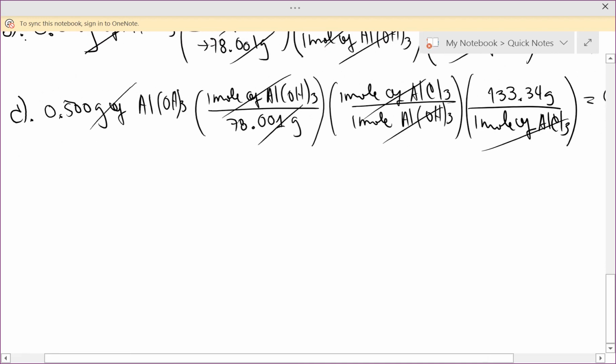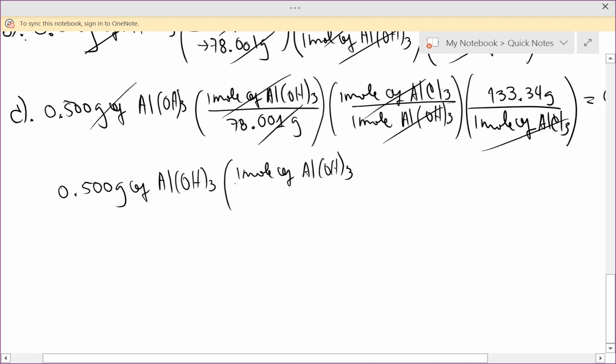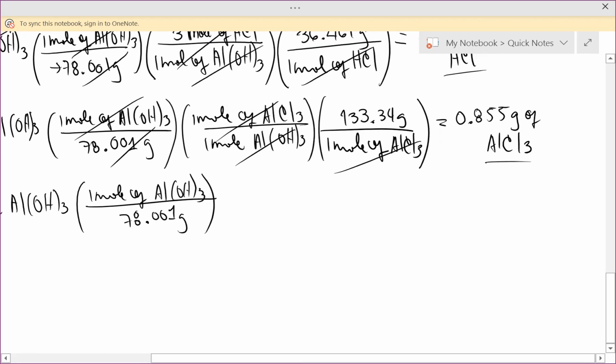Okay. Let's solve the other part of part C. 0.500 grams of Al(OH)3, 1 mole of Al(OH)3 is equal to 78.001 grams, and per each mole of Al(OH)3 we have 3 moles of water.